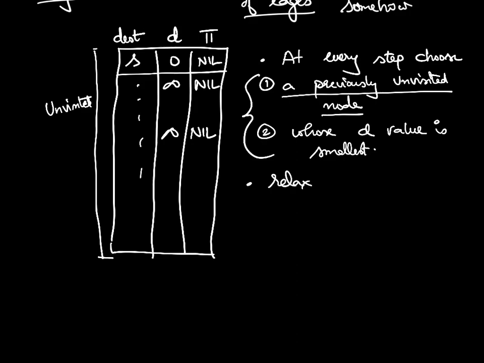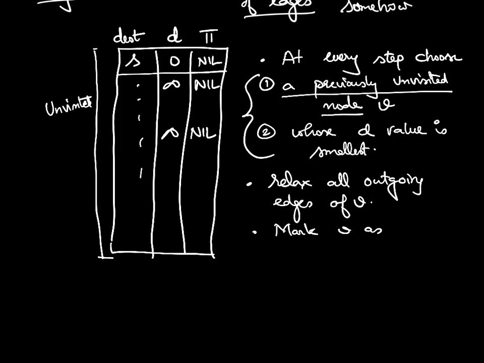Number two, let us call this node V: relax all outgoing edges of V, mark V as visited, and do this until all nodes are visited.